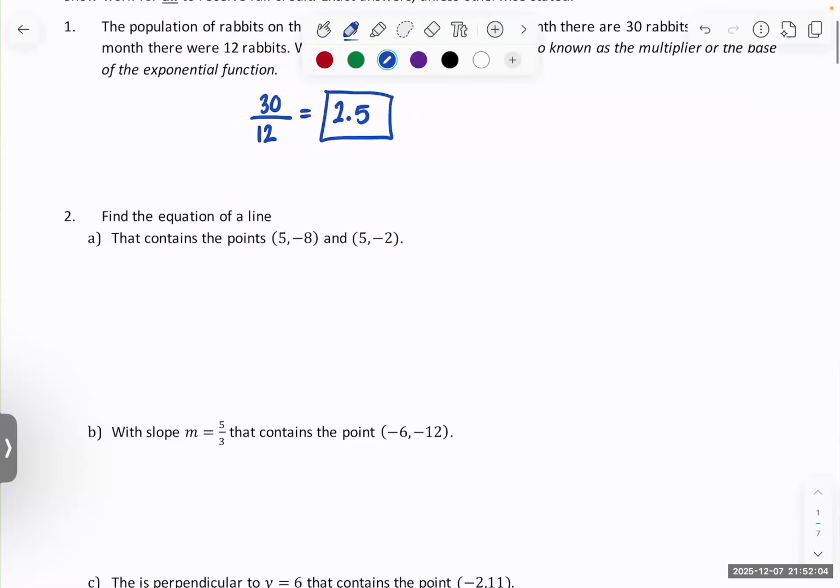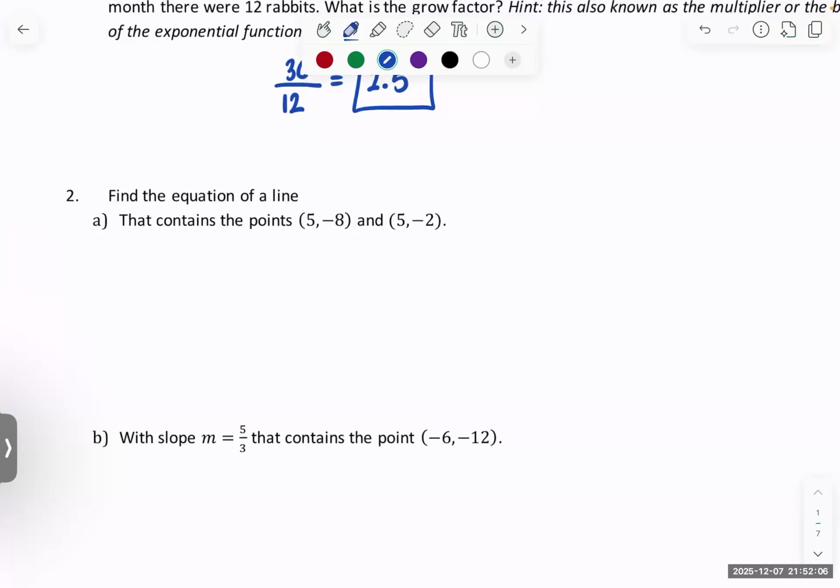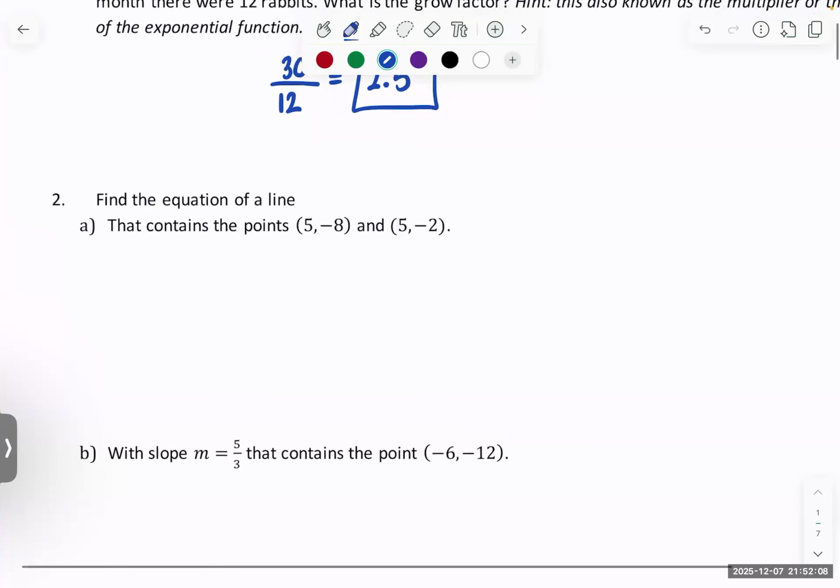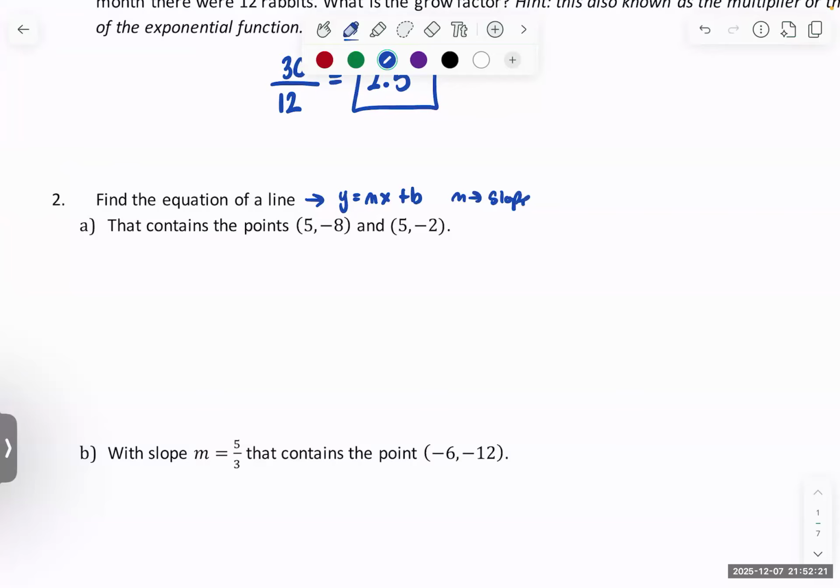Find the equation of the line that contains the following points. Okay, so in order to find the equation of a line, which remember, equations of lines are y equals mx plus b, where m is your slope and b is your y-intercept. So you need to find your slope. And to do that, you need to use your coordinate points.